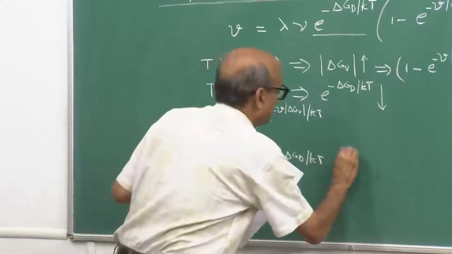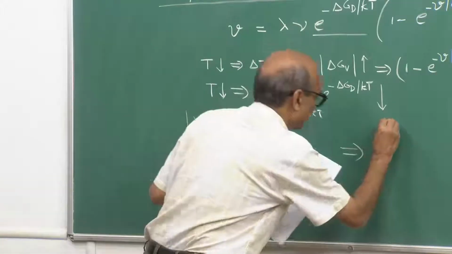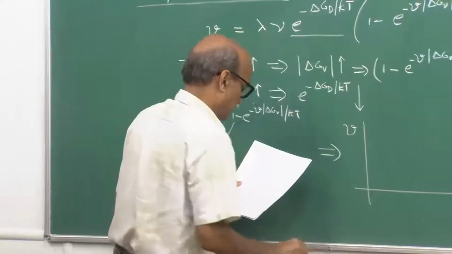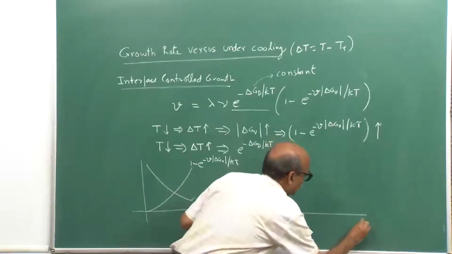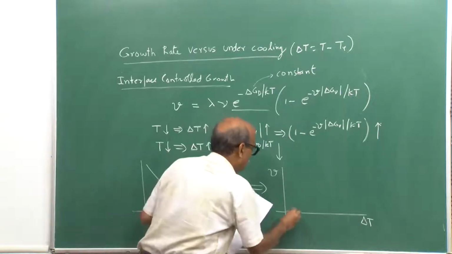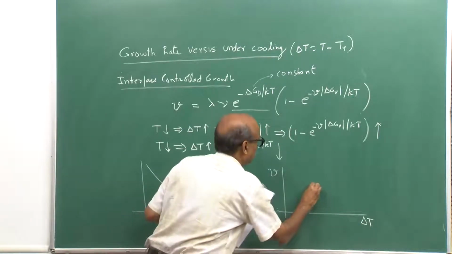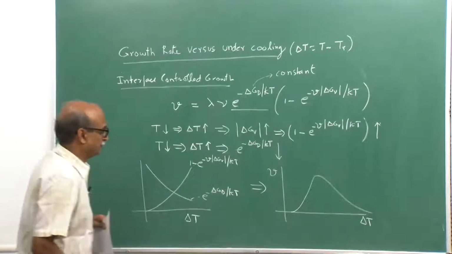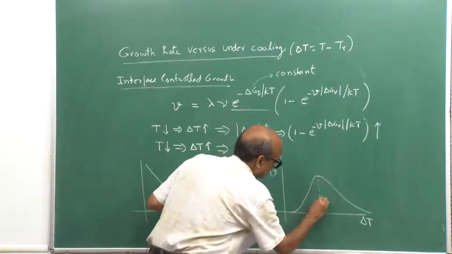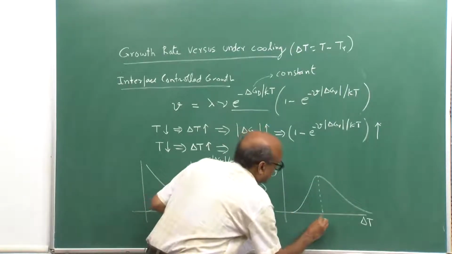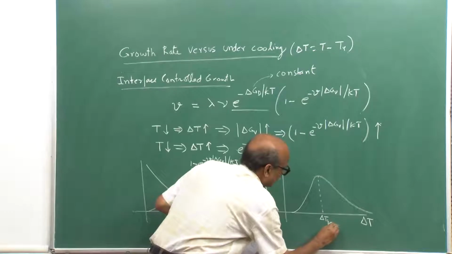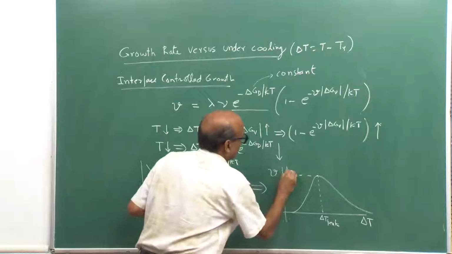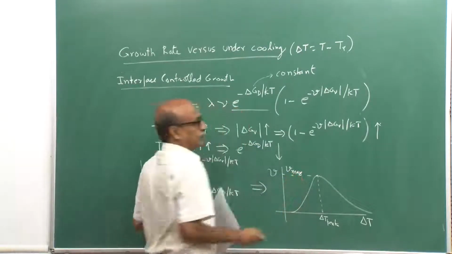And as a result, combining both of these curves together, we get the growth velocity or the growth rate as a function of undercooling to initially increase and then start to reduce, with, at some particular undercooling, calling it delta peak, a maxima in the growth rate.